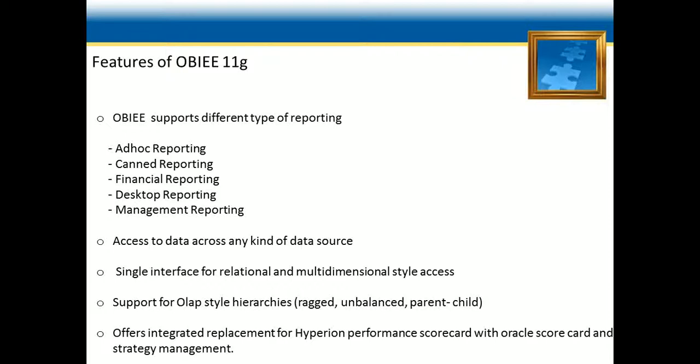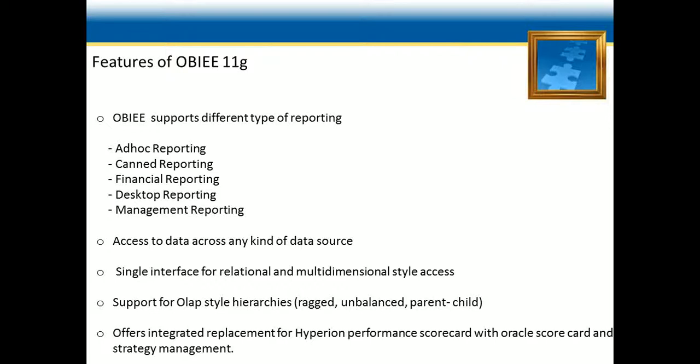Likewise, desktop and management. Access to data across any kind of data source. OBI 11g gives access to data across any kind of data source. So here we have a single interface for relational and multi-dimensional style access.